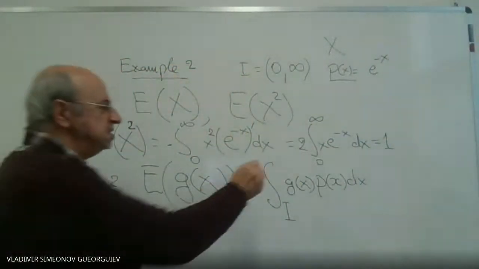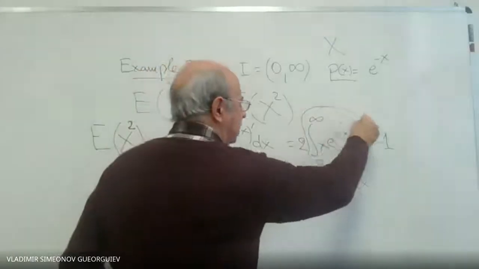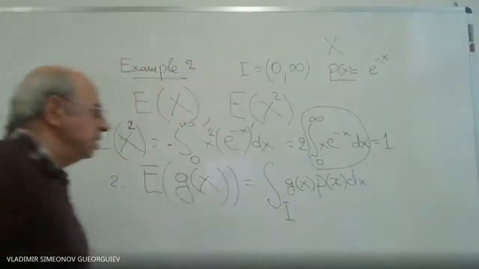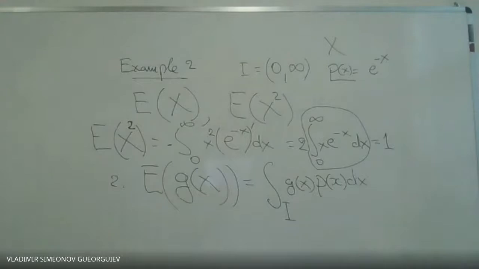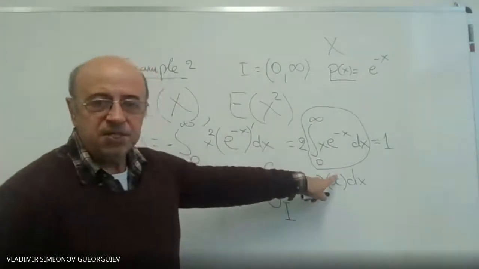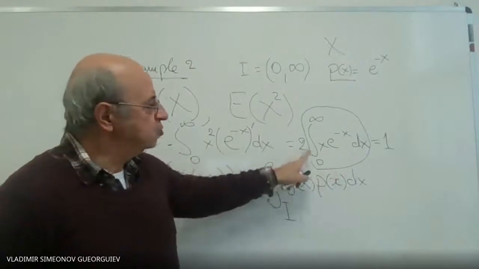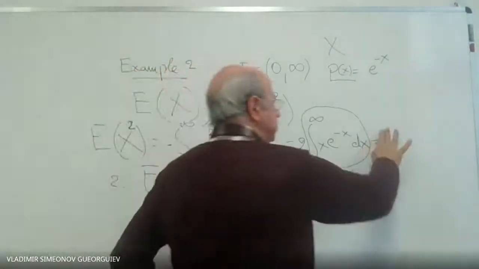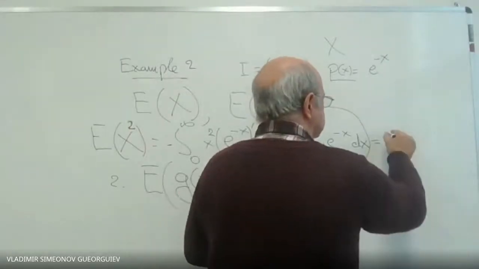But this, as you can see, is equal to the previous case, the expectation of x, and this integral was equal to 1. 2 times 1 gives me the final result, that is 2.